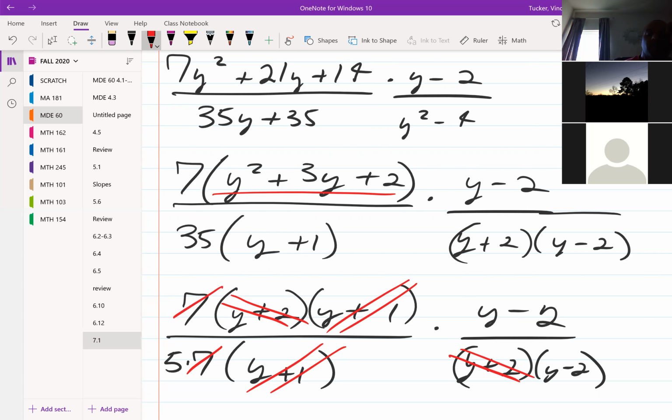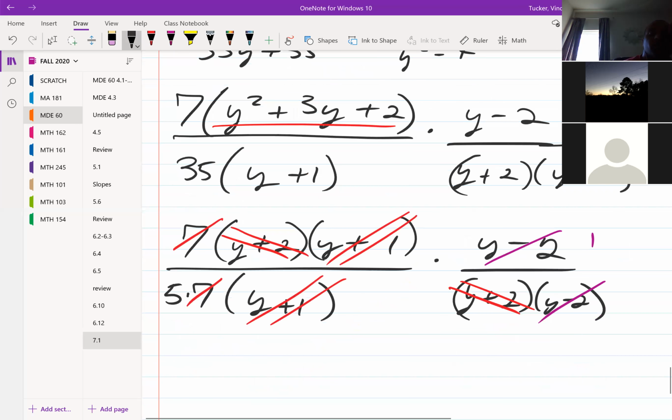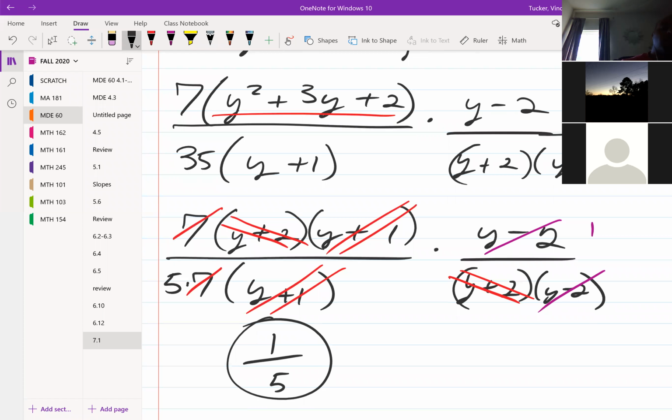And y minus 2 will cancel. So it looks like everything is canceled up top, leaving 1, and then down bottom, we have 5 left. All right, questions?